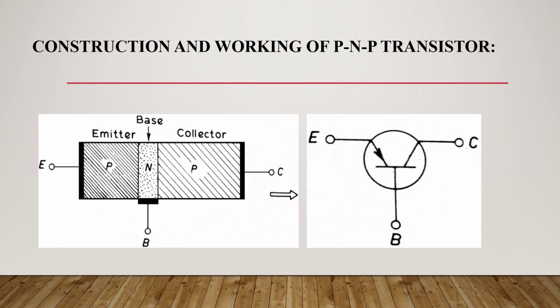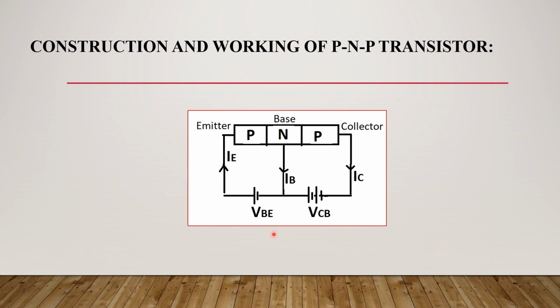Similarly, all these polarities are reversed as compared to NPN. In NPN, the emitter is connected to negative and the collector to positive, but in PNP the emitter is connected to positive and the collector is connected to negative. That is exactly reverse to the NPN.